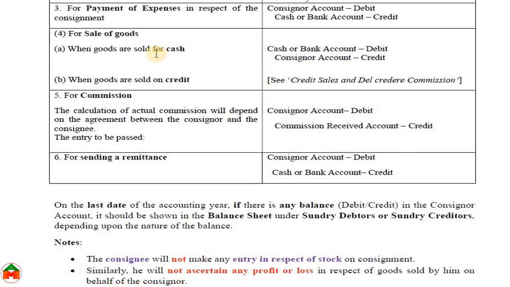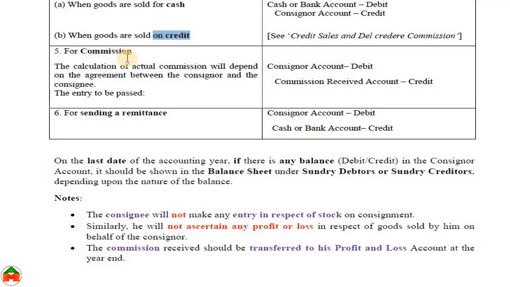But if the sale is made on credit, if the products are sold on credit, not in cash, then the journal process would be different, and that process will be discussed in the later part of this tutorial.